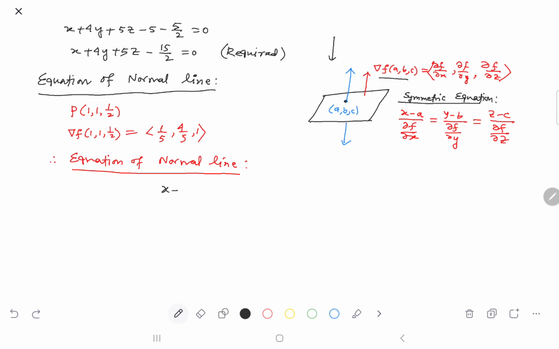So how will you write x minus a? x minus the first coordinate of the point, divided by the first component of the gradient vector. Got it? So tell me now, x minus x0 over a. What is x0 here? x0 would be 1.